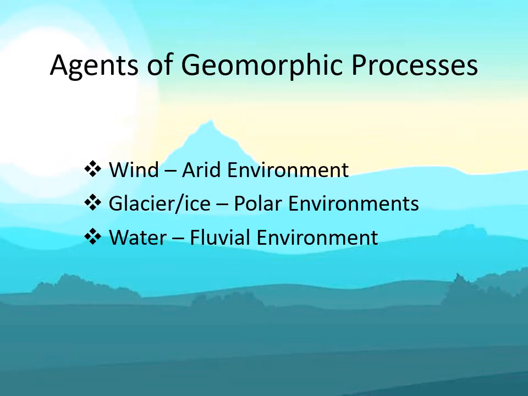Now, who are the agents of these geomorphic processes? Firstly, it's wind, that is air, and whenever wind activity is much intense in an area, we call that environment an aeolian environment. Generally, where the wind activity is very high, those areas suffer a prolonged temperature difference between day and night and between seasons.